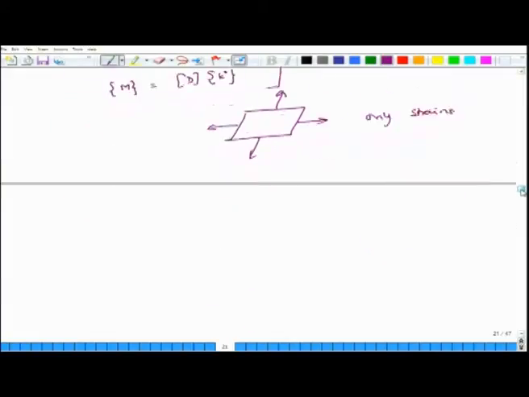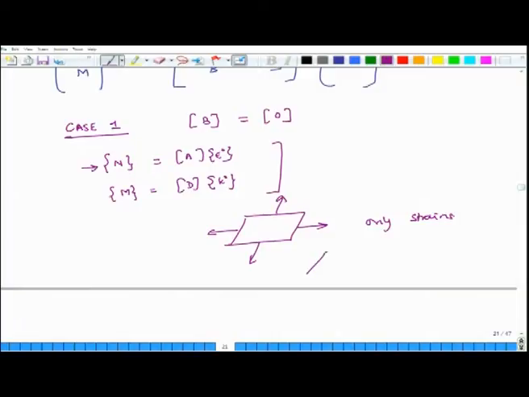And if I apply only moments, then I generate only curvatures.